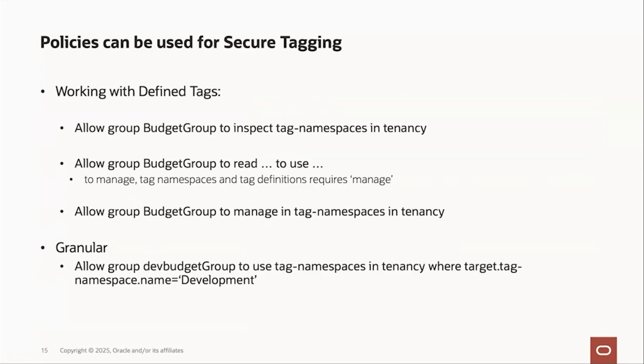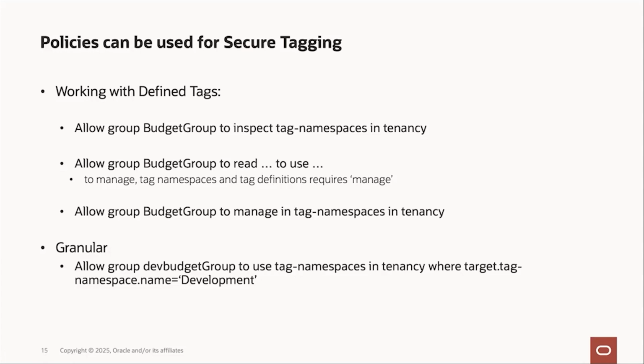And since it is a policy, you can also attach a where condition at the end here to make your policy more granular. So here, this specific where condition is targeting namespaces with the string value development in its name. So it's filtering on that.